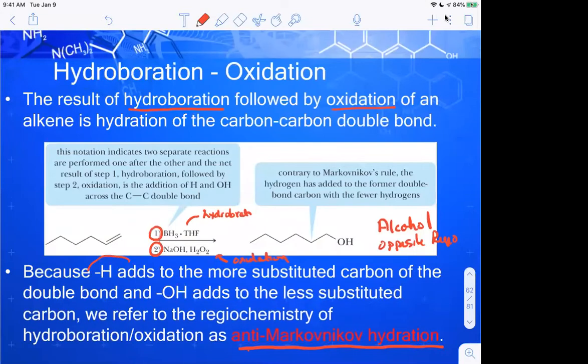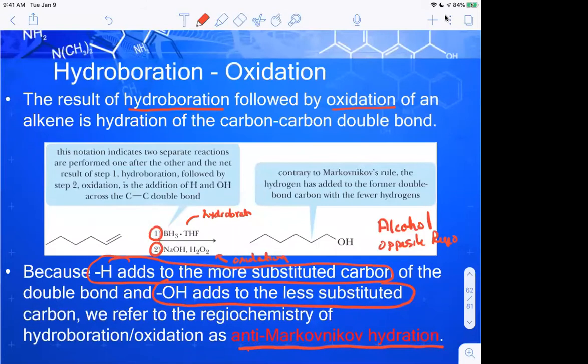So in this one, the hydrogen adds to the more substituted carbon, and the OH adds to the less substituted carbon. So this is the opposite of what we achieved when we did acid catalyzed hydration.